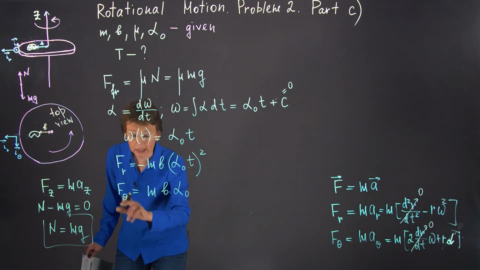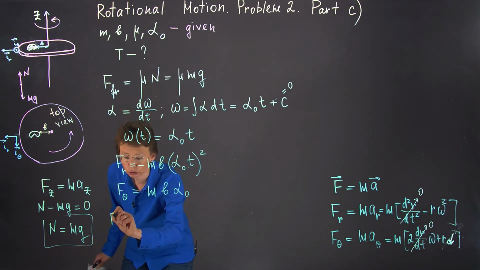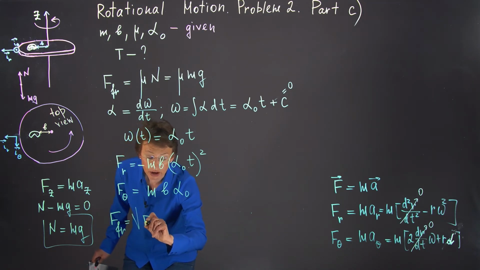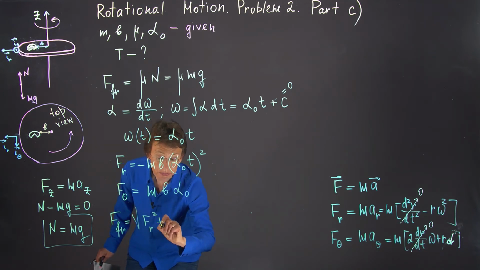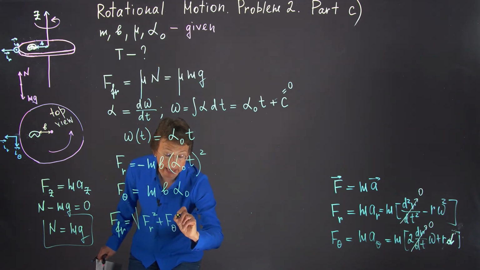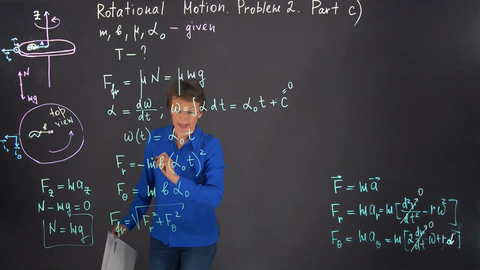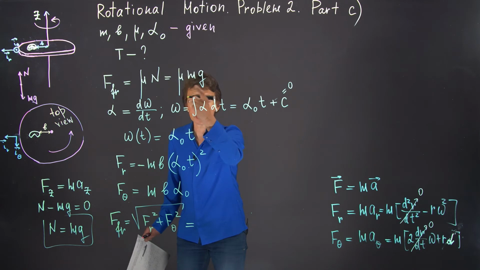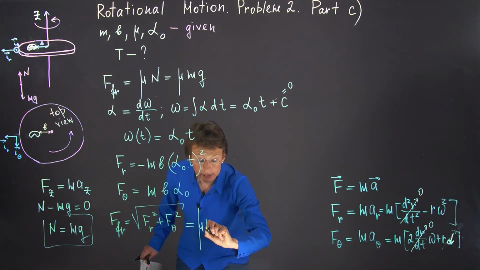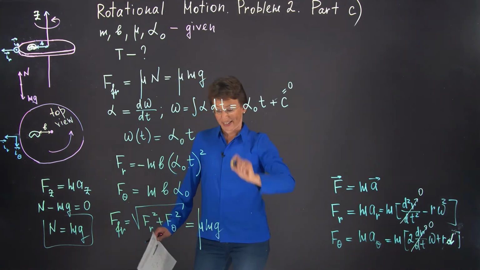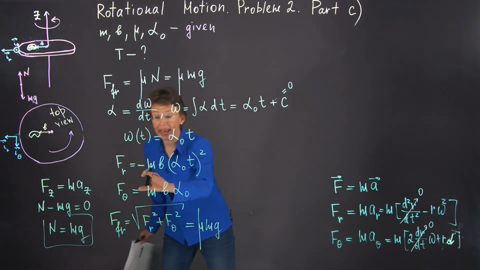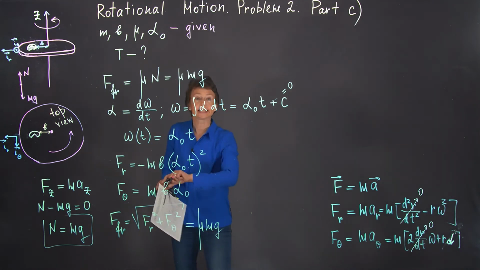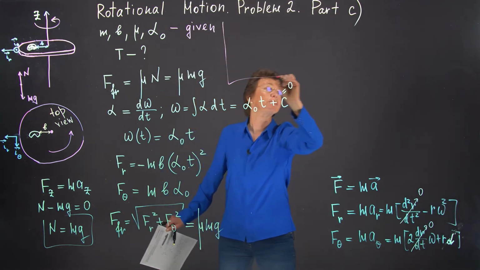So both components of force of friction are known. What is the magnitude of force of friction? The magnitude of force of friction is square root of Fr squared plus F theta squared. And at the same time, it has to be equal to mu mg. Let me plug in my Fr and F theta components in this formula. I will write it in red at the top, right here.